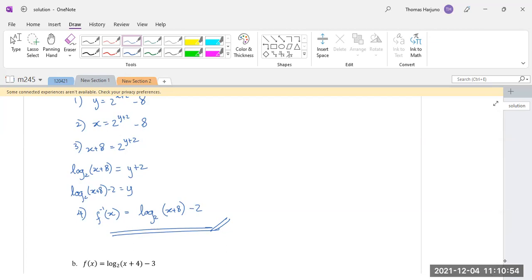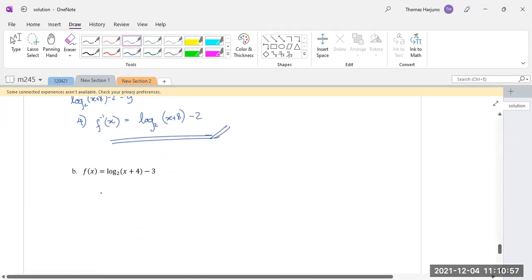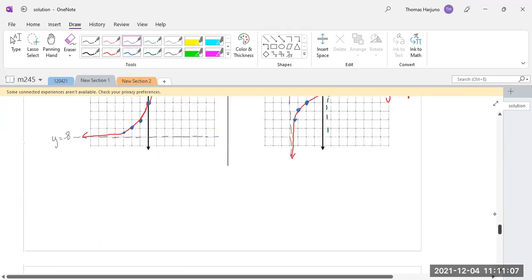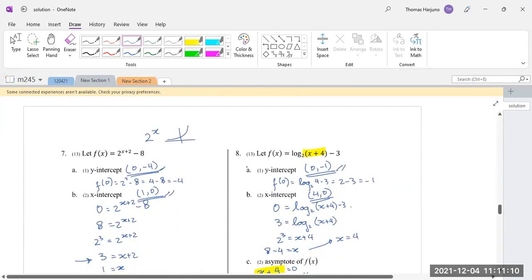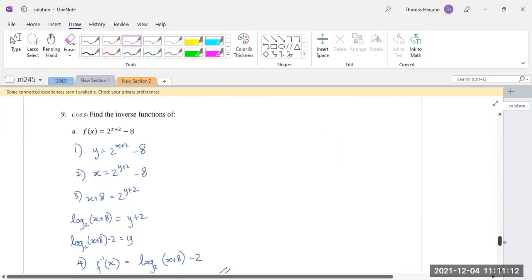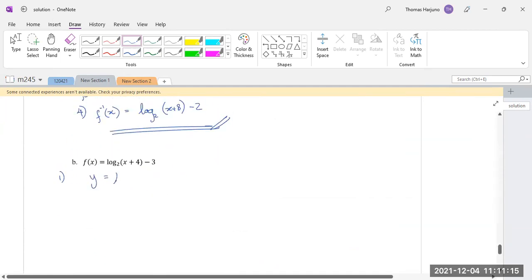Last question. Find the inverse function of log base 2 of (x plus 4) minus 3. Actually, both of them are from number 7 and number 8. Step 1, y equals log base 2 of (x plus 4) minus 3. Step 2, we swap the x and the y. X becomes y, y becomes x.